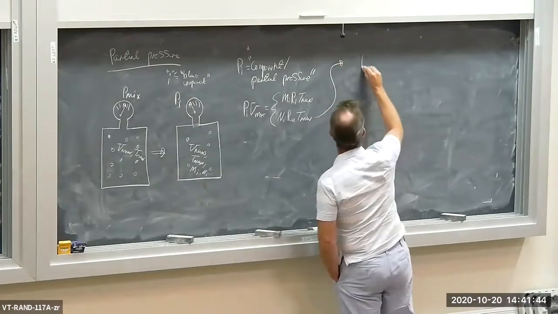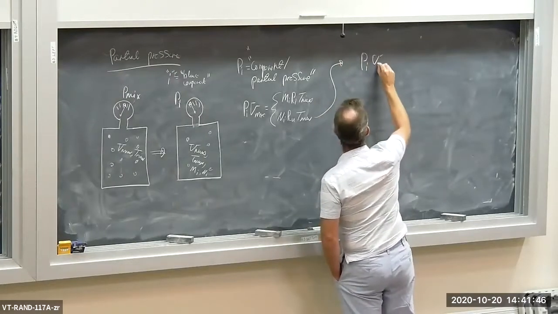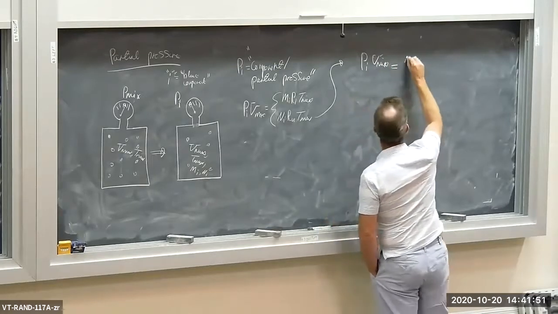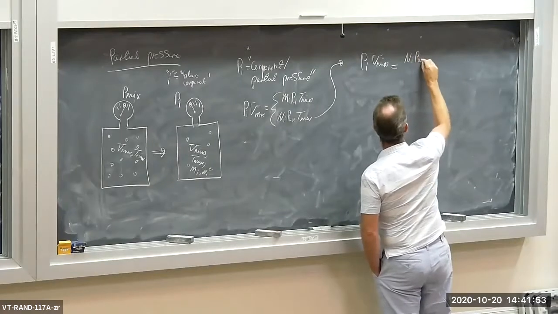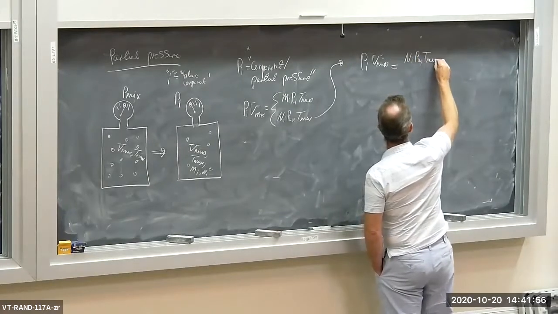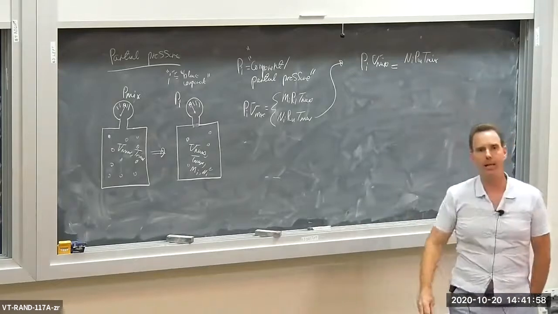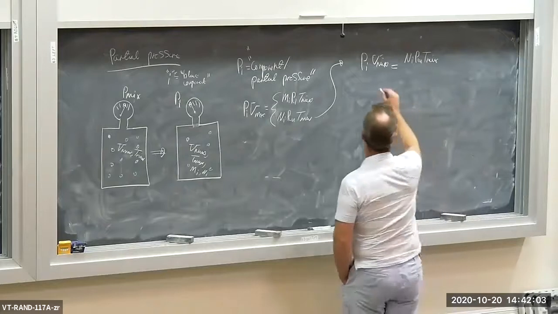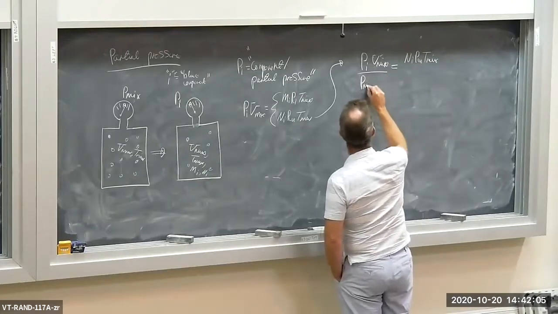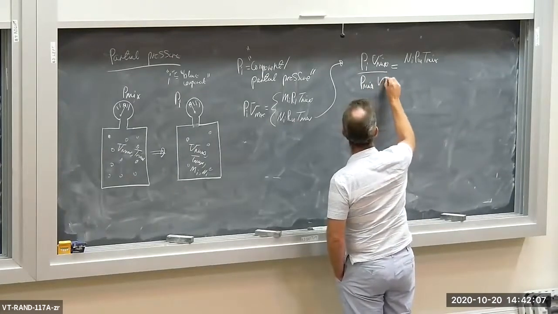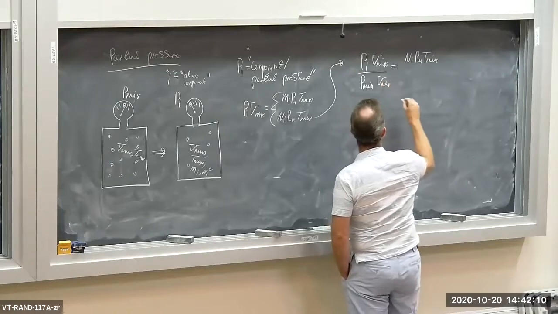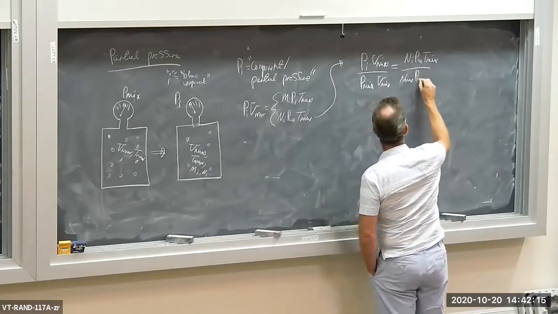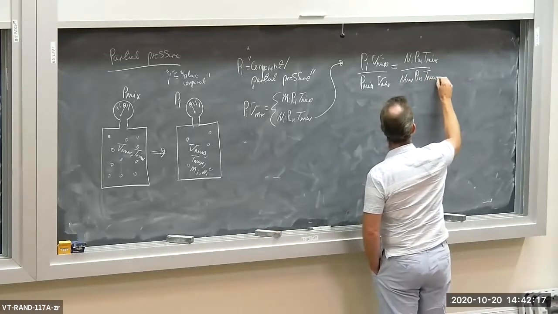So I'm going to write P_i V mix equals N_i R_u T mix. And what I'm going to do is I'm going to divide by the ideal gas law for the mixture. So I'm going to divide that by P mix V mix equals N mix R_u T mix.